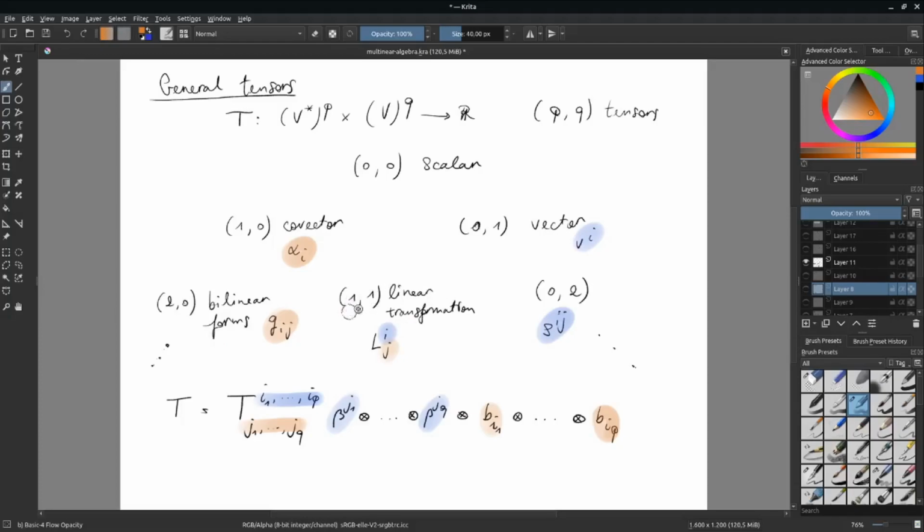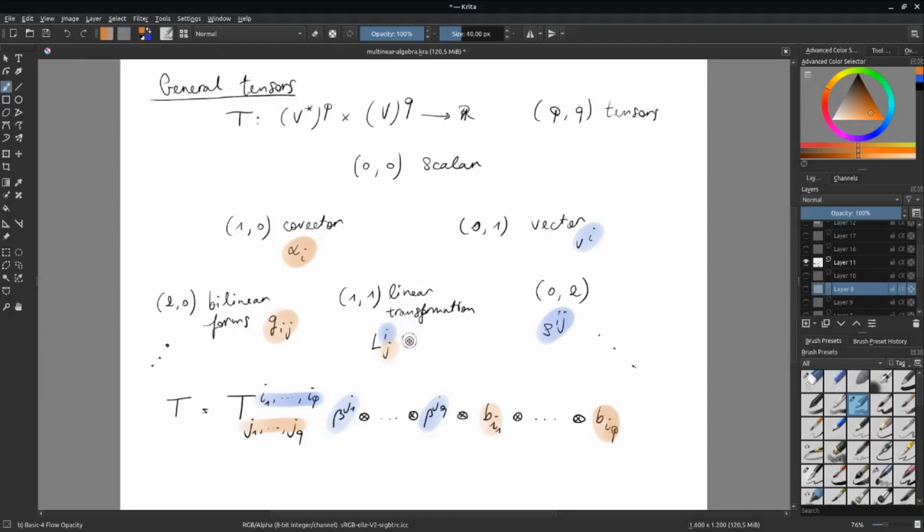In the middle, I have a tensor of type (1, 1). You can say it's a function that takes one vector and one covector and returns a scalar. And if you think about it for a little while, it's actually the same as a linear map, or a matrix. The way to see that: think of a matrix as a map from my vector space that takes a vector to a vector.